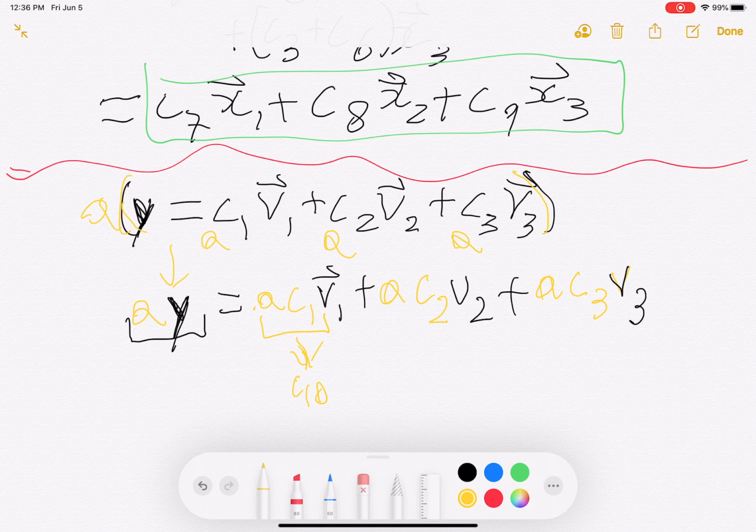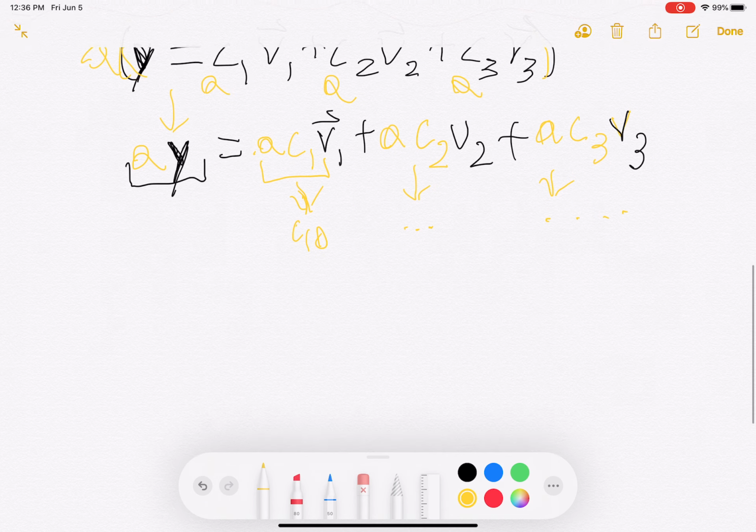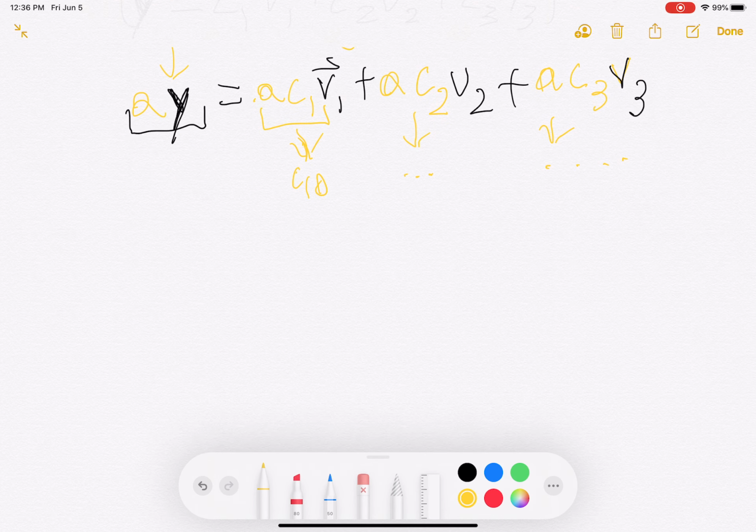And then we can rewrite a times y as c10 v1 plus c11 times v2, finally plus c12 v3.